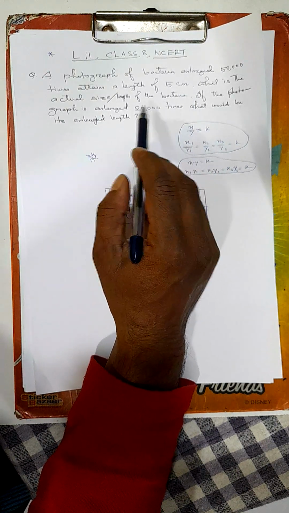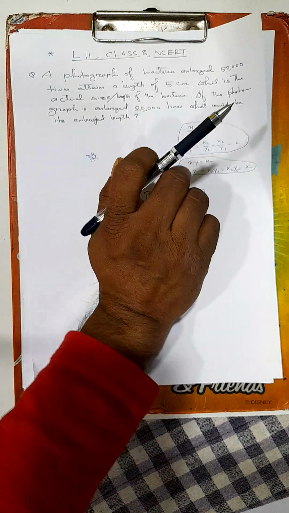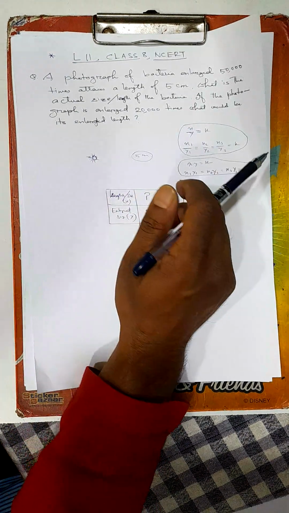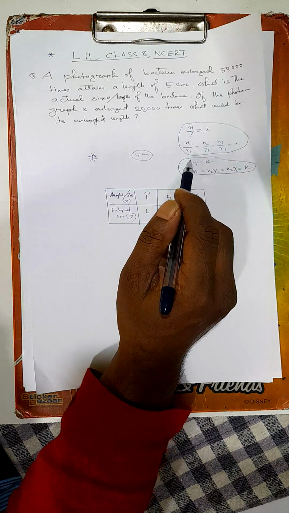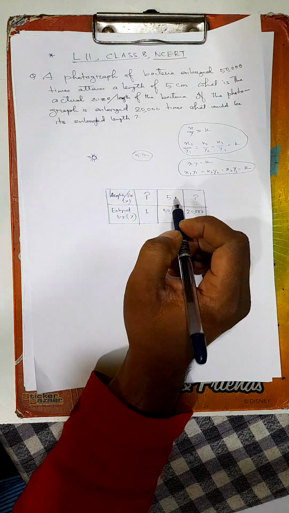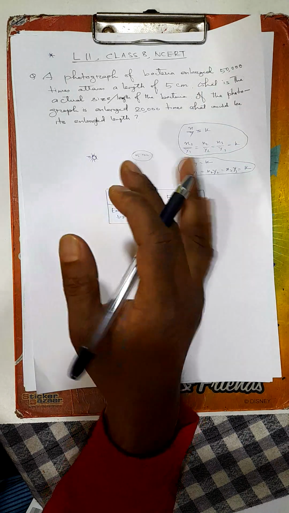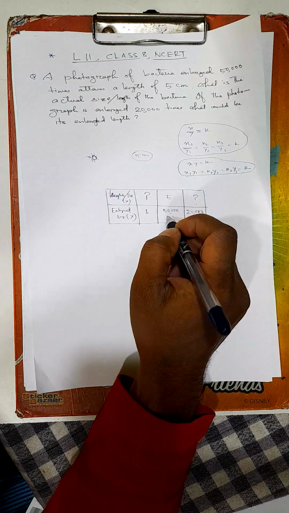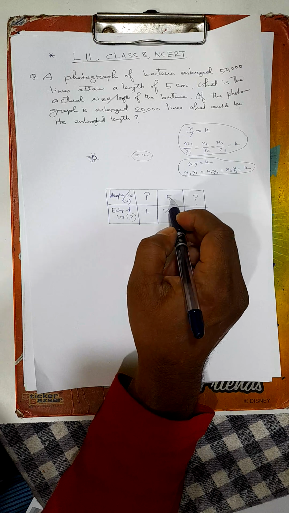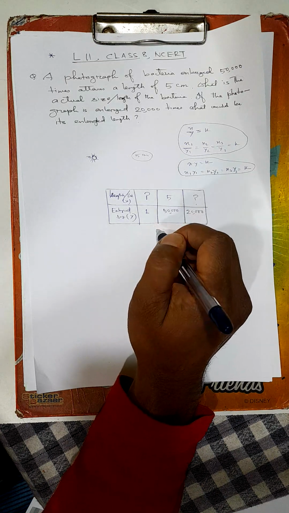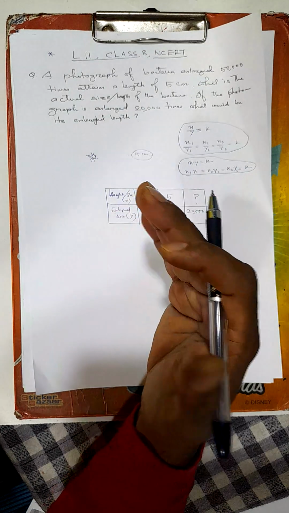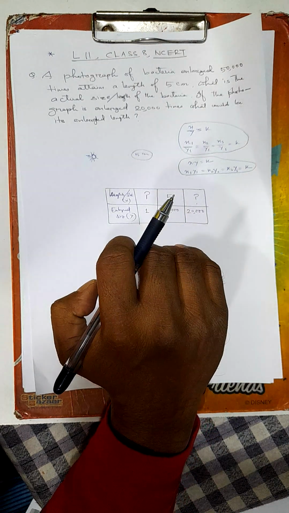So what was the actual size or length of the bacteria? That means what was its size before enlargement, that is, when enlargement is made one time, meaning no change. When enlargement is made 50,000 times, its size is 5 cm. So more enlargement means its size will be larger.